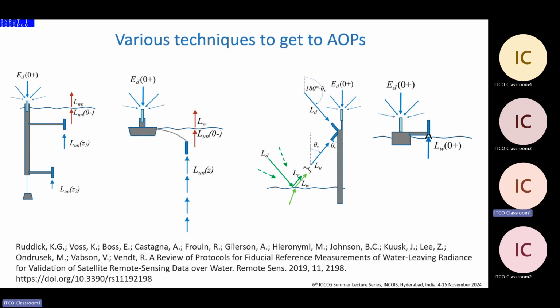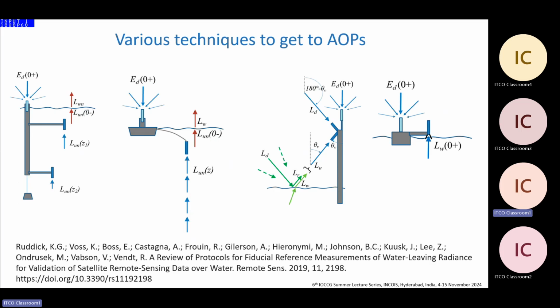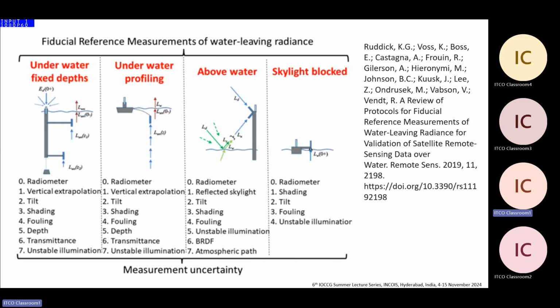So normally you directly measure the LW from the surface. The point is, you can imagine that if you try to derive LW with these different techniques, the processing and the uncertainties associated with it are going to be quite different.